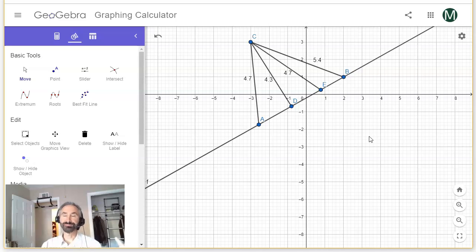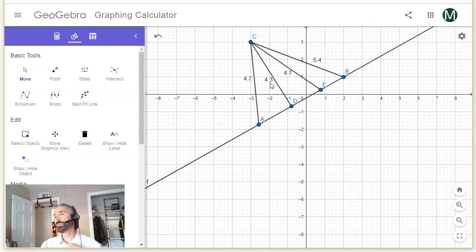Which did you choose? I'm hopeful that you chose line DC. At this point, you don't know for sure that this is perpendicular, but it sure looks way more perpendicular than AC or EC or BC. And if that's the case, we would then say the distance is 4.3.